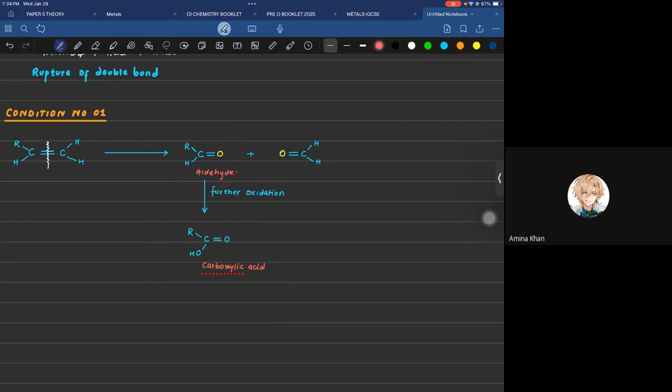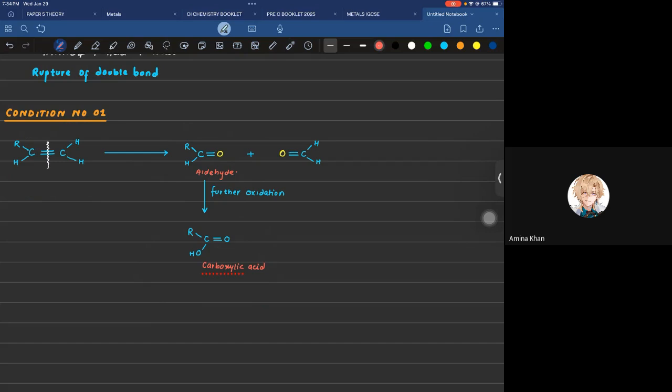But obviously I'm going to say, first of all, this is the route to make carboxylic acid. First your reaction would be changing into the aldehyde, and then your aldehyde would be changing into the carboxylic acid. Simple.